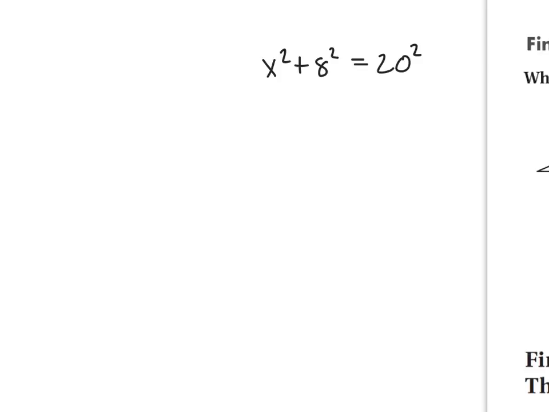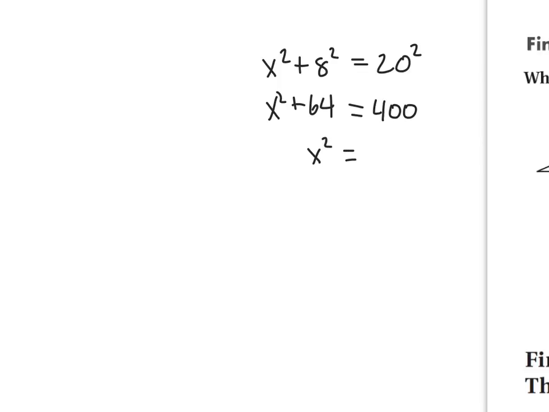Well, what is 8 squared? 64. What's 20 squared? 400. And so what I need to do now is take 400 minus 64. A couple of you with calculators in here.